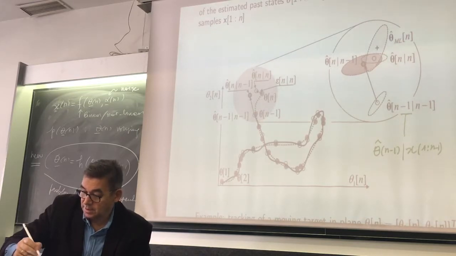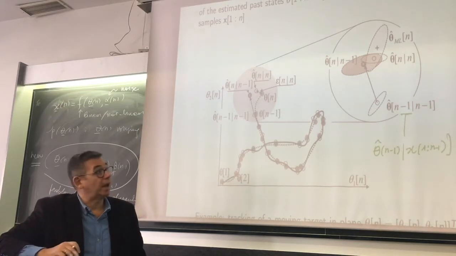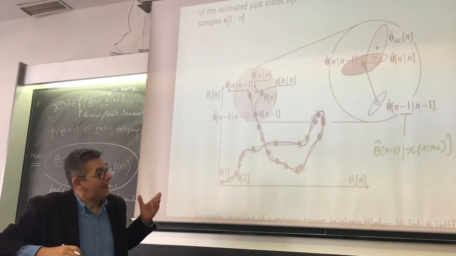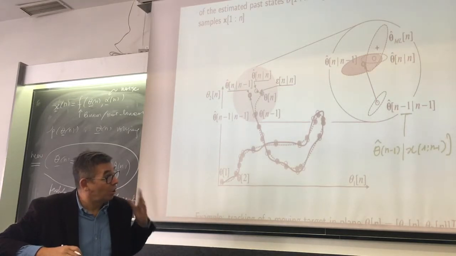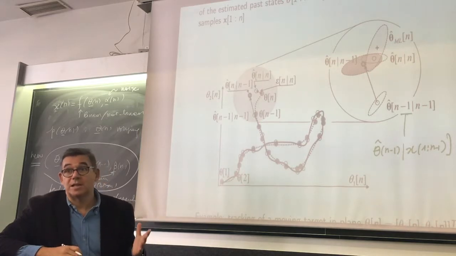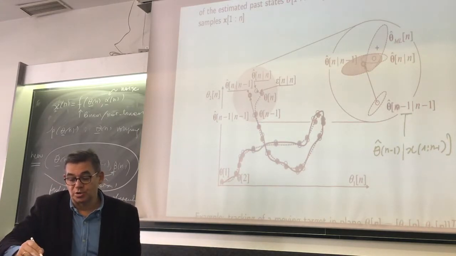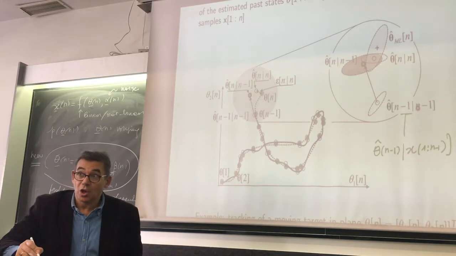In this jargon, I prefer not to write x hat n-1 given all the observations from 1 to n-1, but I will simply write in a short notation x hat n-1 given n-1, which means given all the data up to n-1.